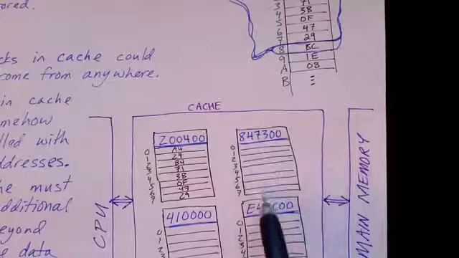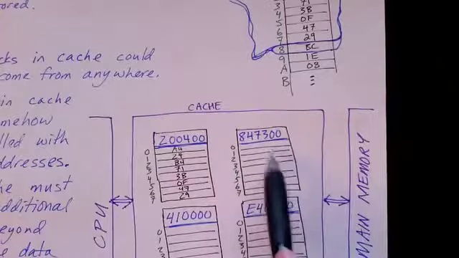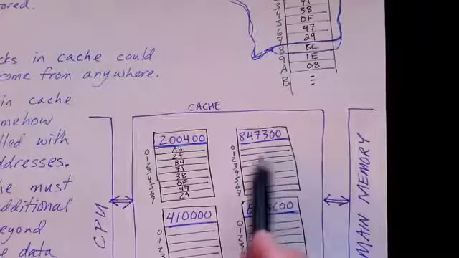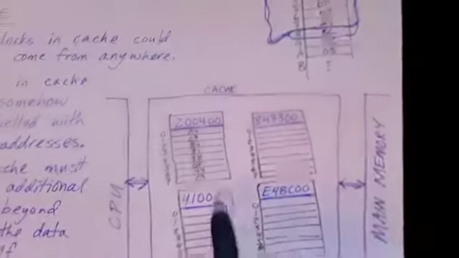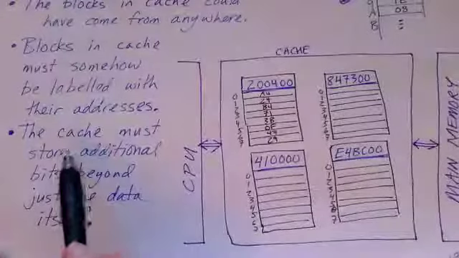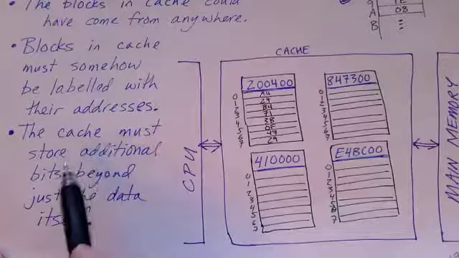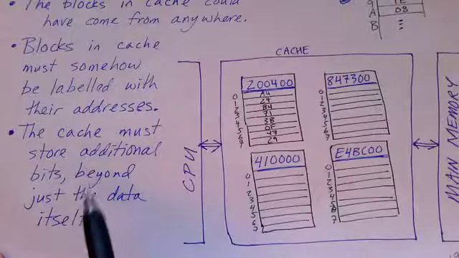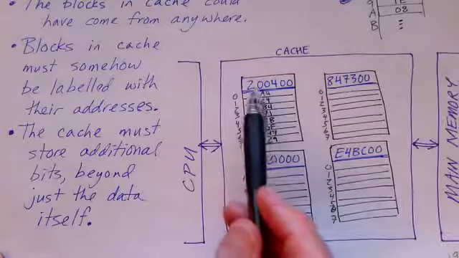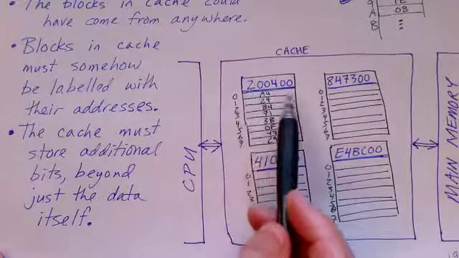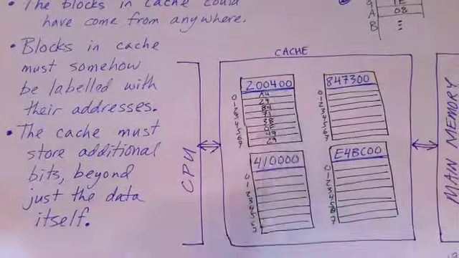Here's another group of 8 bytes. I haven't actually drawn in the bytes, but they would, of course, be there. And we have an address for it. So that's another block, and we have some other blocks as well. The point I want to make here is that the cache has to store additional bits beyond just the data itself. And in this simplified world, it's got to at least store the address of where that block comes from.